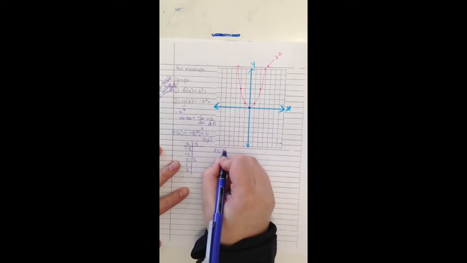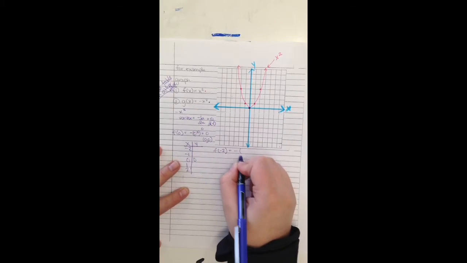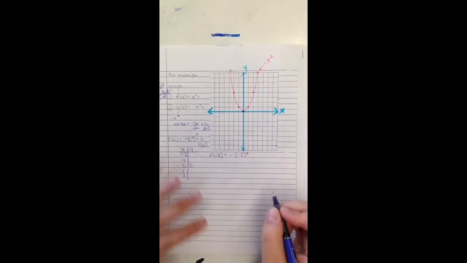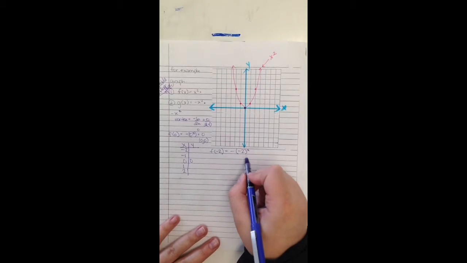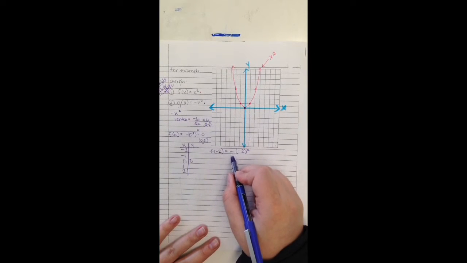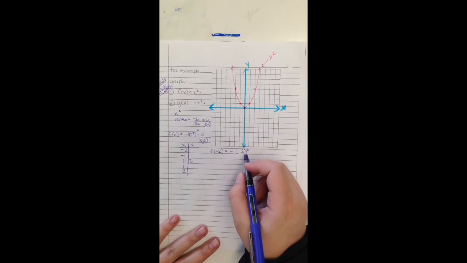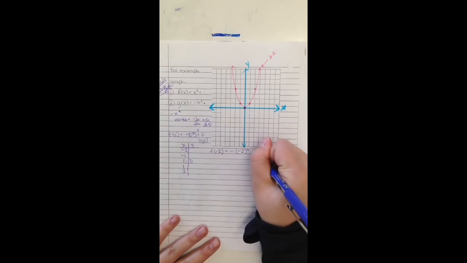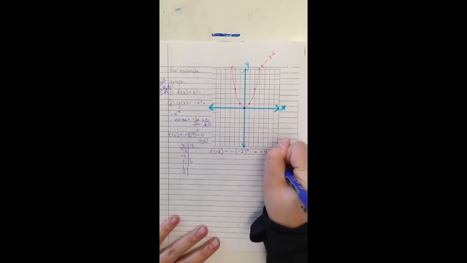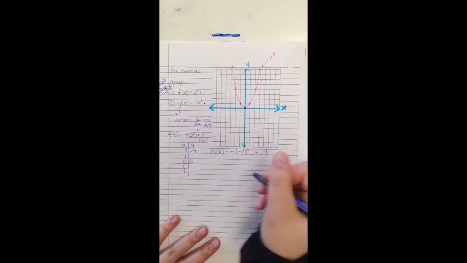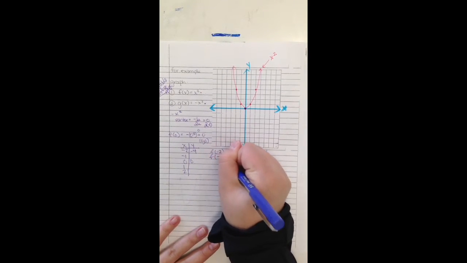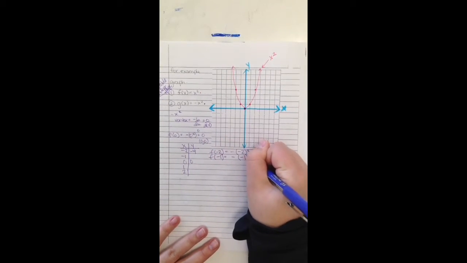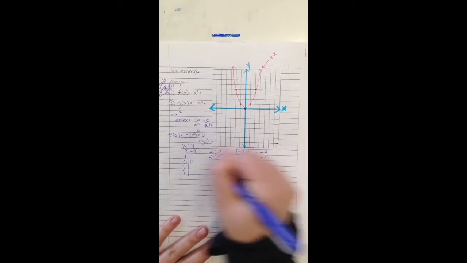F of -2 gives me negative 2 squared. So notice I did put some parentheses in here, but that negative did not come inside the parentheses with it. So I get negative positive 4, so -4. F of -1 gives me negative 1 squared, which gives me -1.